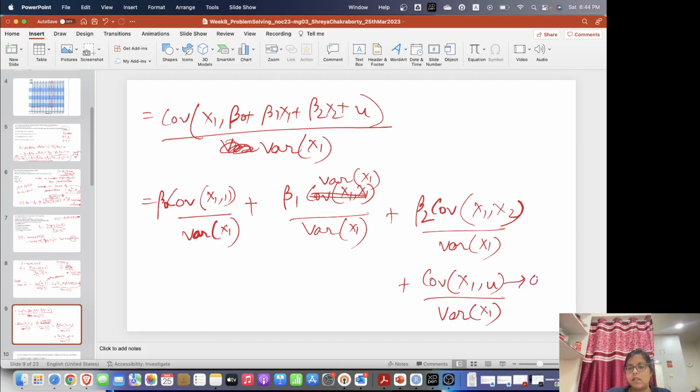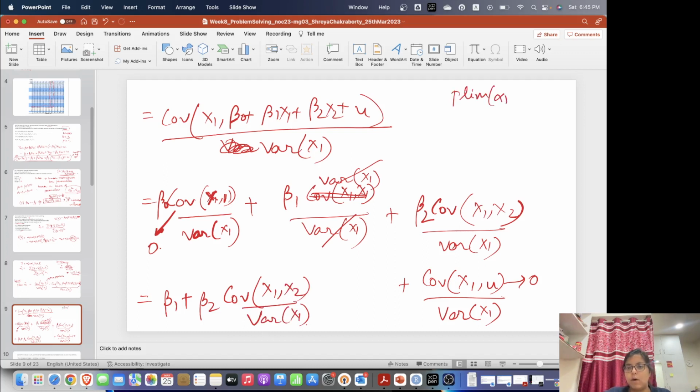Now this last term is 0, as it has been given, and the first is a covariance between a variable and a constant, so that term is also 0. So what we essentially have is beta 1, since variance of x1 cancels, plus beta 2 covariance of x1 and x2 divided by variance of x1. So the p lim of alpha 1 hat is beta 1 plus beta 2 covariance of x1 x2 divided by variance of x1.